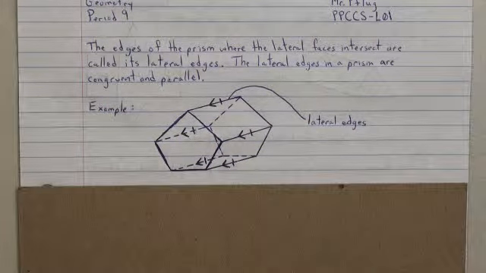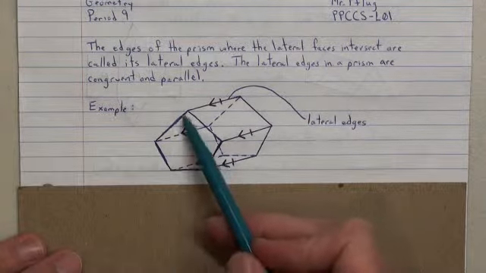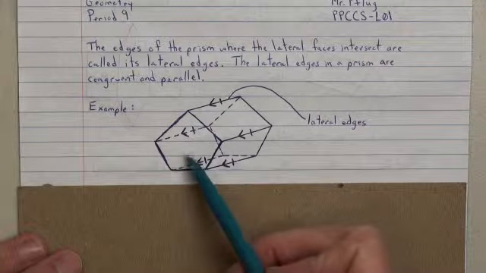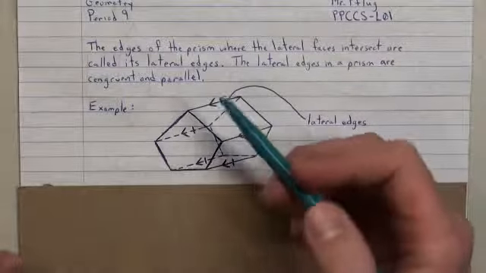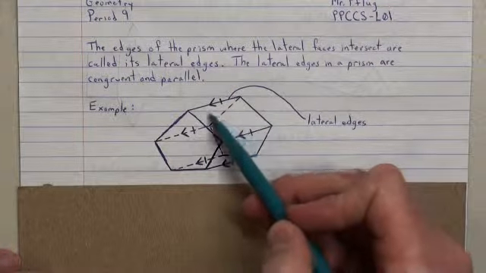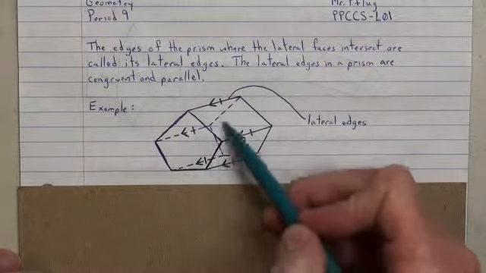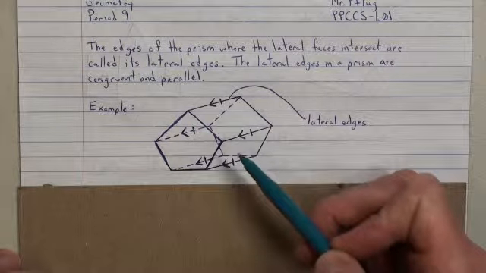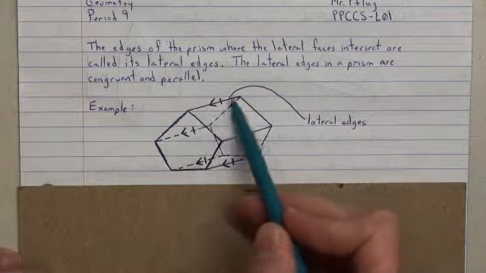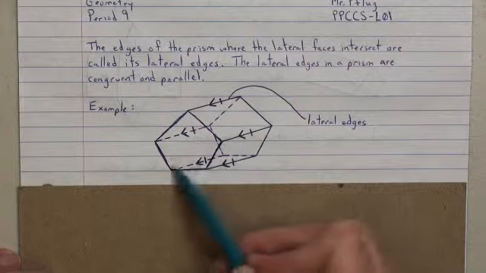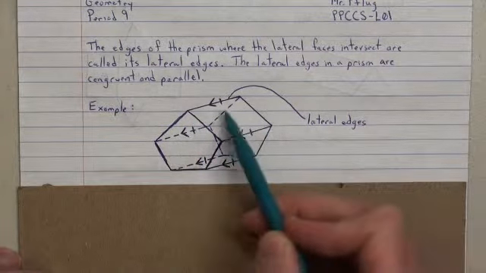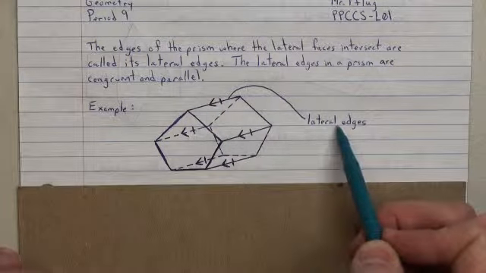Here's an example. This is a right pentagonal prism. We took 2 pentagons and we stretched them out. So the pentagons are the bases, and these 5 rectangles are the lateral faces. Now these lines that connect the 2 pentagons, there's 1, 2, 3, 4, 5 of them, they're called the lateral edges.